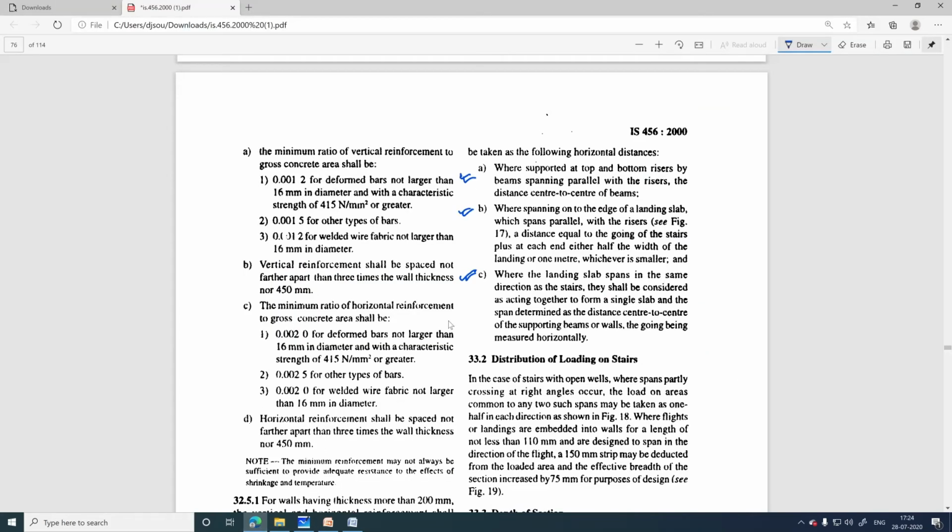Now, the second case, where spanning on the edge of the landing slab which spans parallel with the risers, a distance equal to the going of the stairs plus at each end either half of the width of the landing or 1 meter, whichever is smaller. Here we need to consider figure number 17.